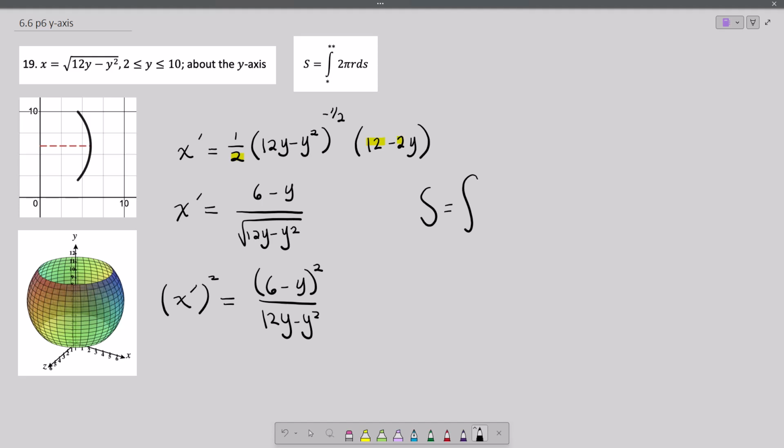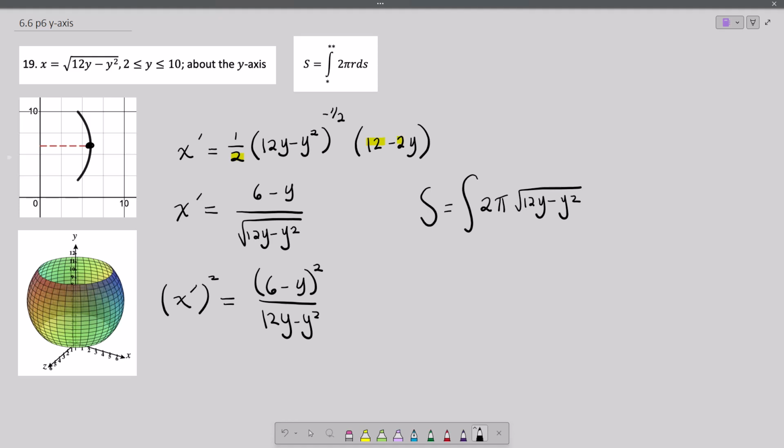So 2 pi r. It's 2 pi times the function. That's measuring, if you took this point right here and you rotated it around the y-axis, that's going to find the circumference at whatever y value you want.